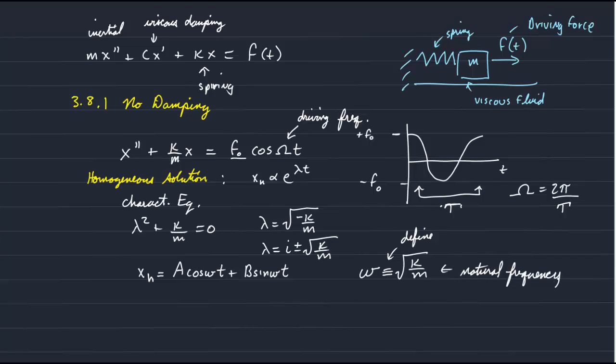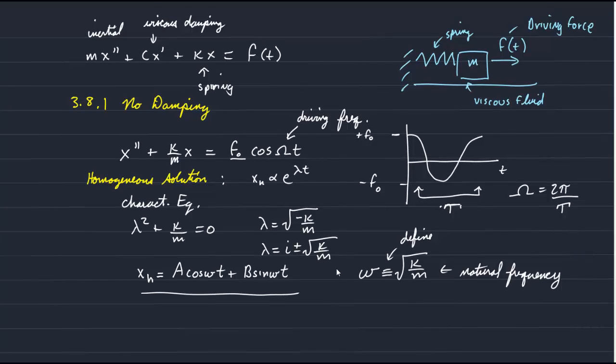It's the frequency that, for a given spring constant and the size of our mass, it will naturally tend to oscillate without any driving force. And we looked at this solution before. So without any driving force, if we set the mass in motion and there's no viscous damping, then it will just oscillate with this natural frequency.